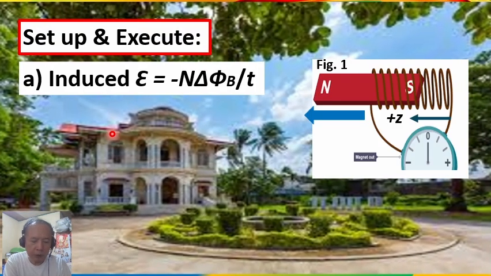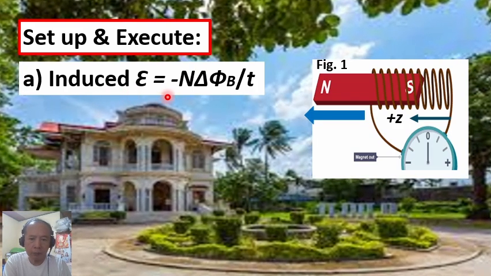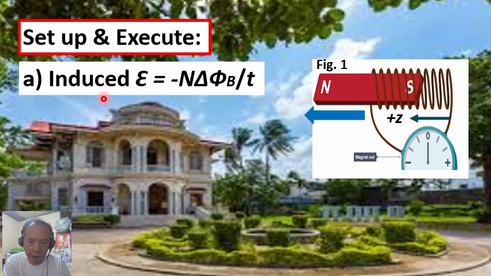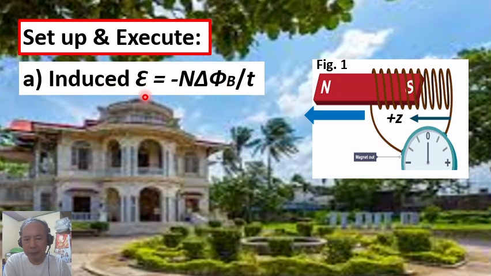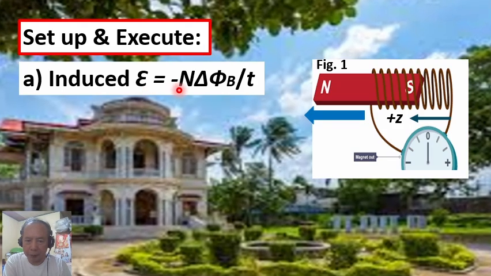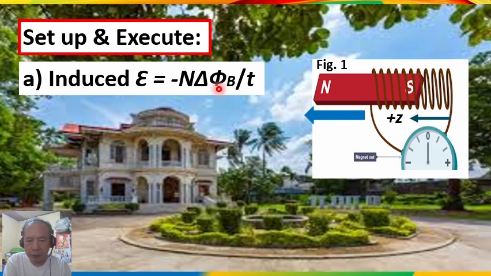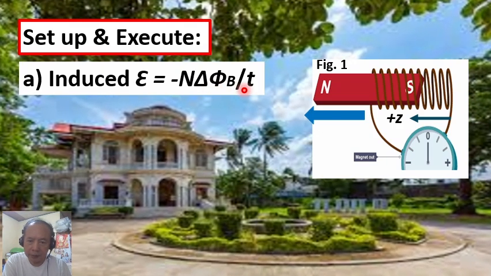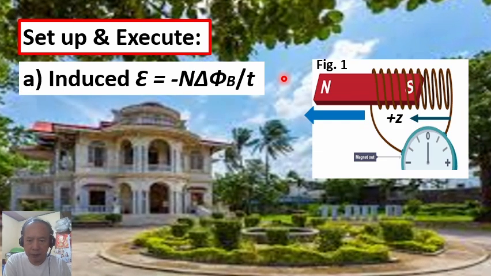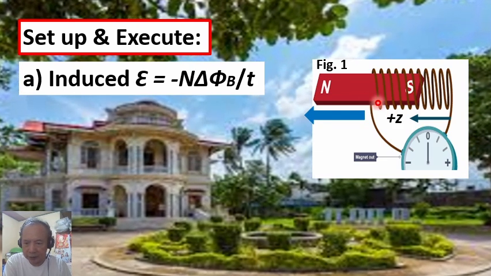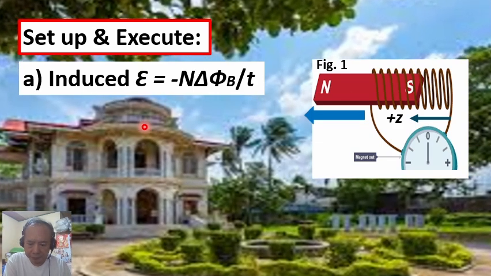Finally, computing the amount of the induced EMF in part A, we use this equation. The induced EMF is equal to negative capital N times delta capital Phi sub B over t. This is known as Faraday's law of electromagnetic induction as applied in this setup.